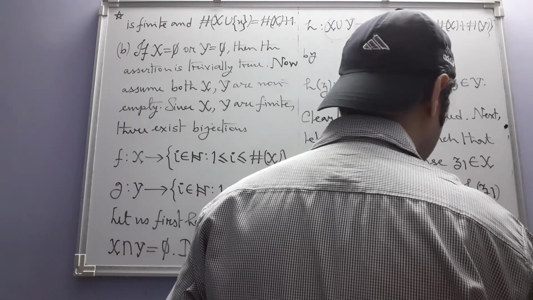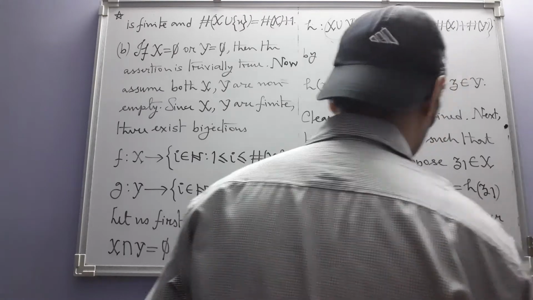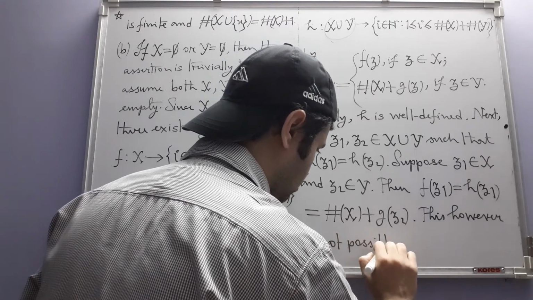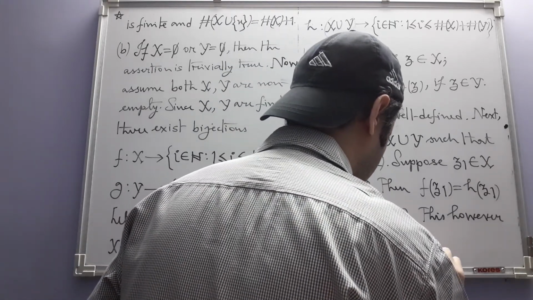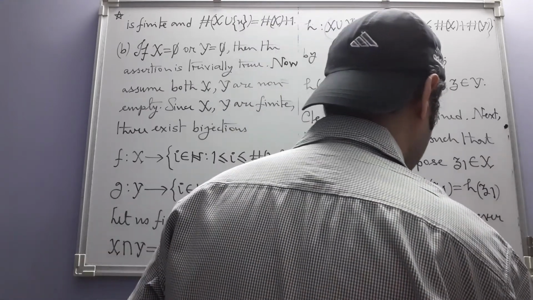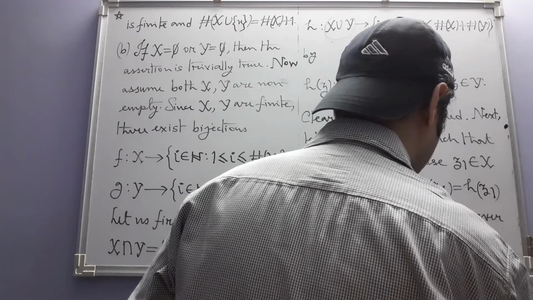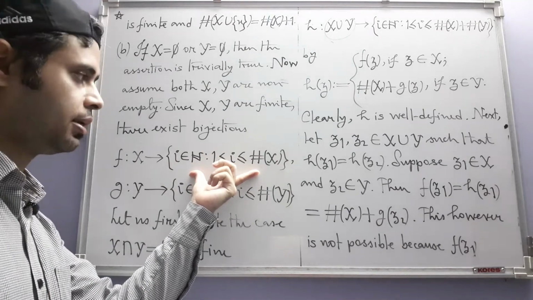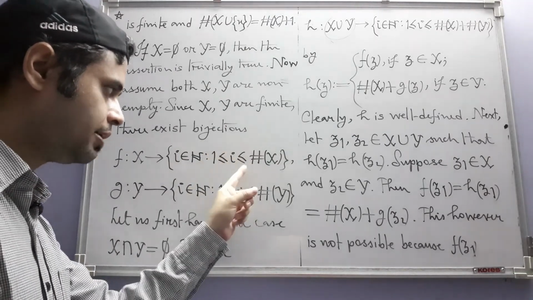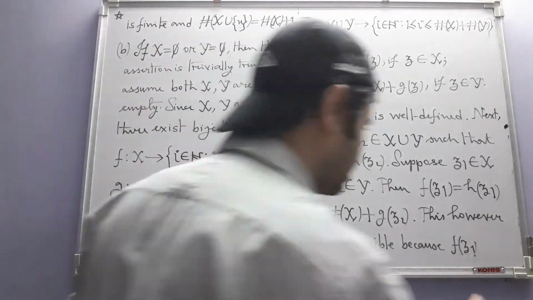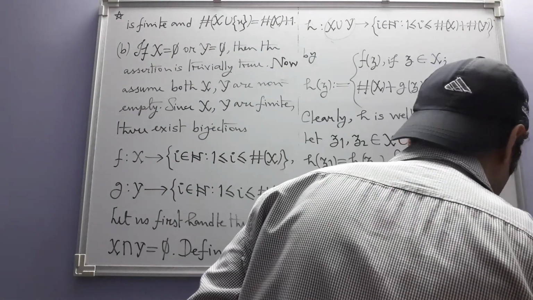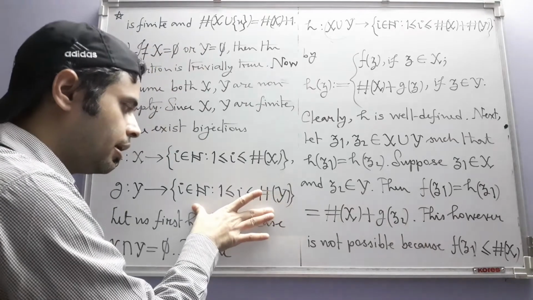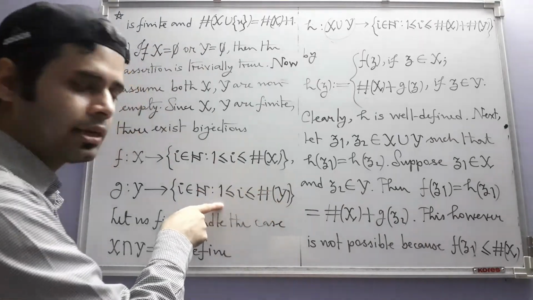This, however, is not possible because F of Z1 will lie in this set, so it is by definition less than or equal to cardinality of X. However, G of Z2 lies here, so its value is greater than or equal to 1.